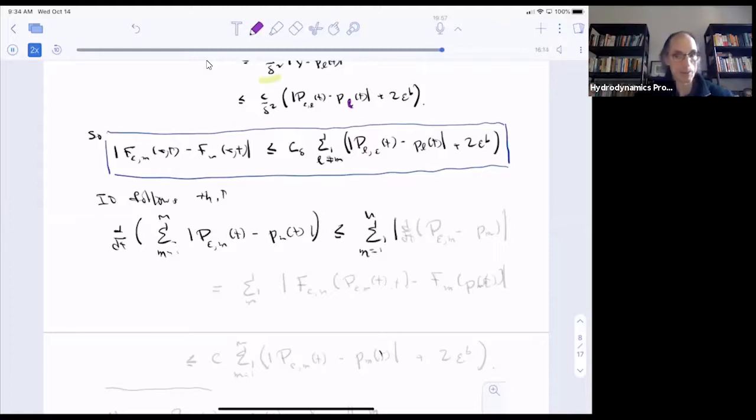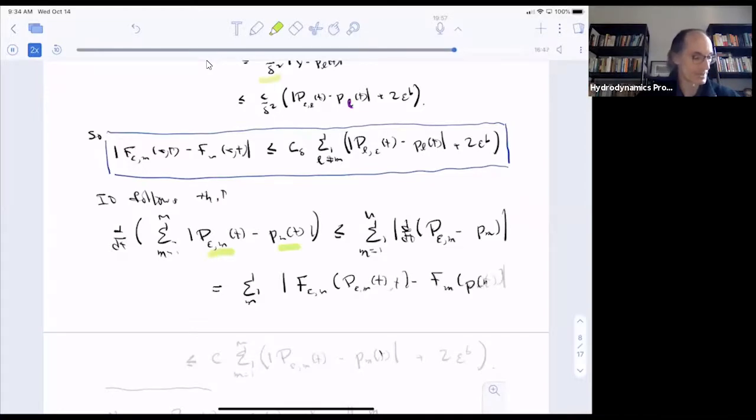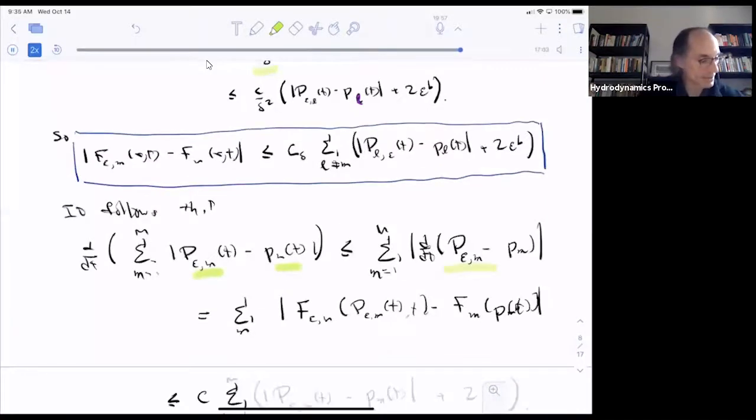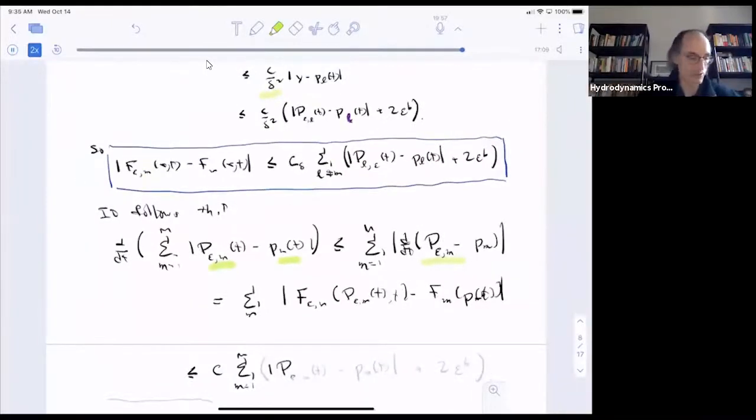And so now I'm summing over all the blobs. I look at the difference between the point vortex ODE trajectory and the background flow trajectory. By easy calculus considerations, I can bring the time derivative inside. I just use the chain rule, do some easy estimates, and then here I'm using the ODE. So by definition, these are the ODEs that define these trajectories, capital P and little p.